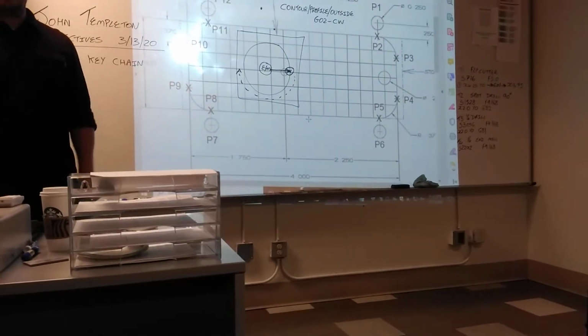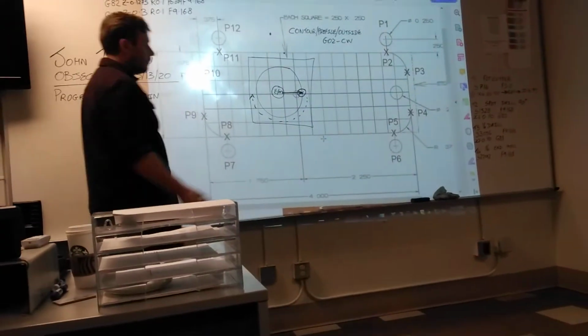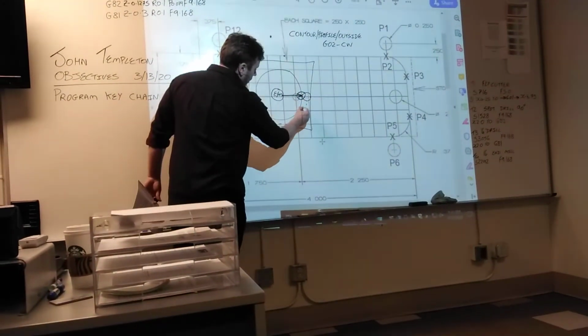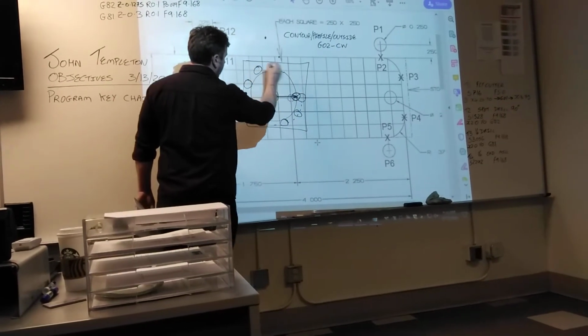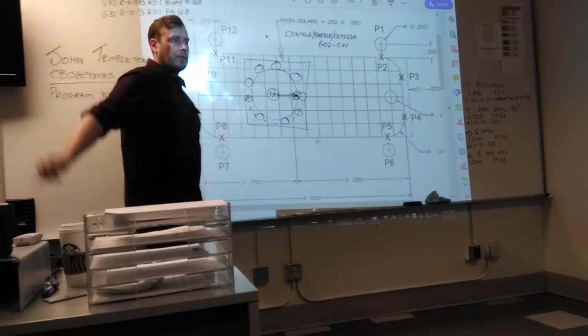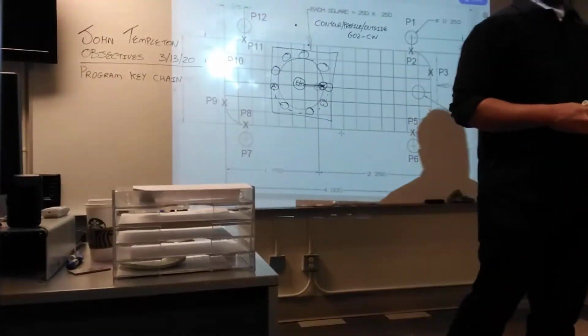Where's the tool going to be? To the left of the line as it goes around. What just happened to your hole? It's too big. It's way oversized. You just scrapped the part.